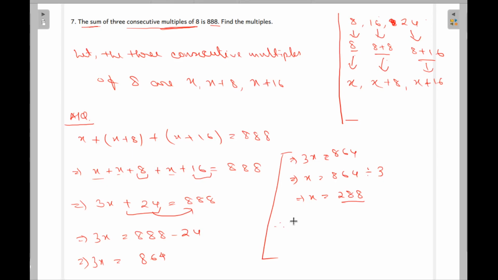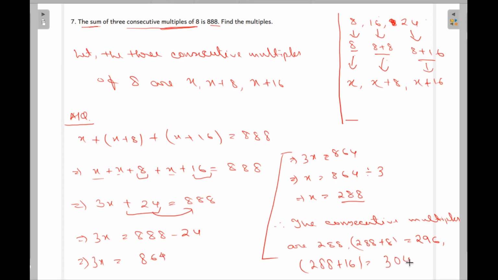So therefore the consecutive multiples are 288, then 288 plus 8, as it is given x plus 8, so 288 plus 8 is 296, and the last one is 288 plus 16, which equals how much? 288 plus 16 is 304.